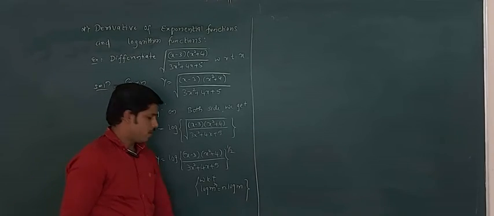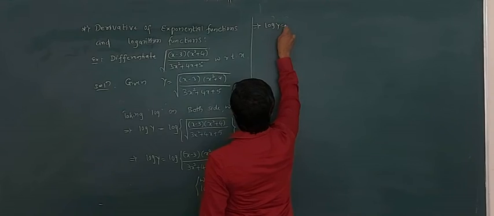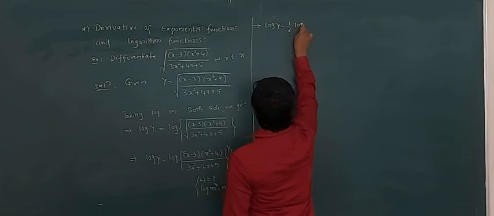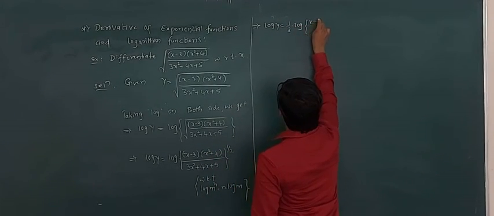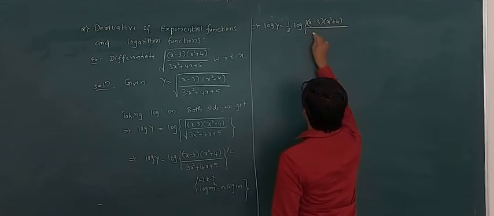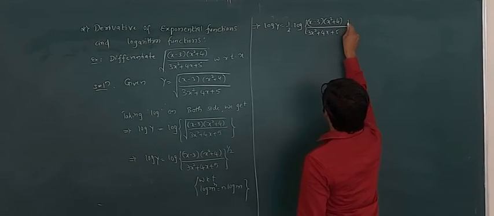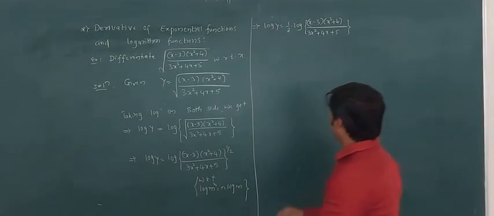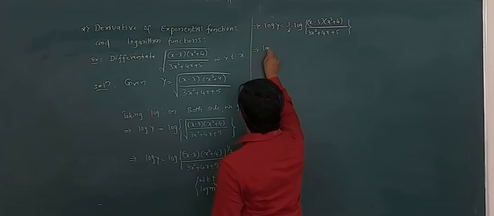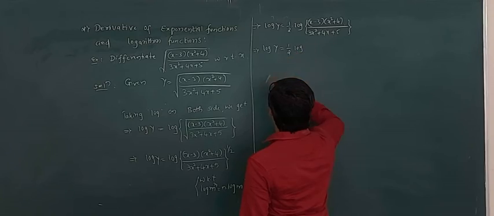By applying this one, we get here log y equal to 1 by 2 into log of (x minus 3)(x square plus 4) divided by (3x square plus 4x plus 5). Next, this implies log y is equal to 1 by 2, keep log as it is.